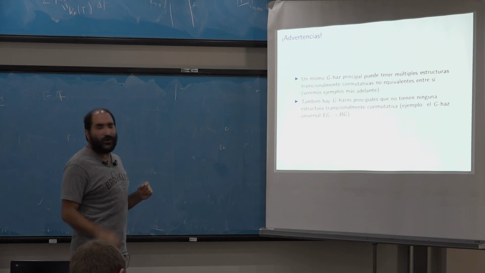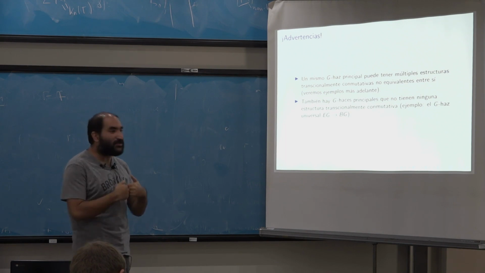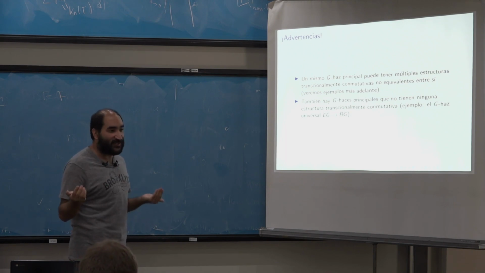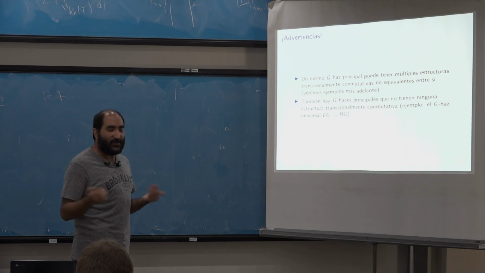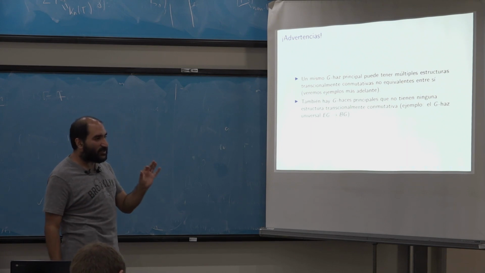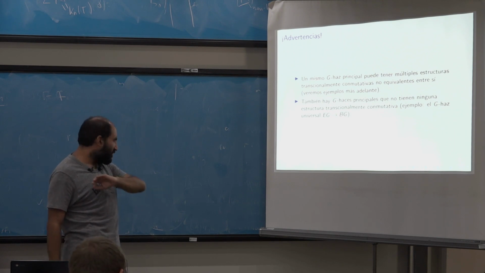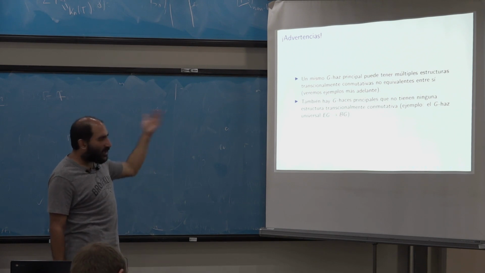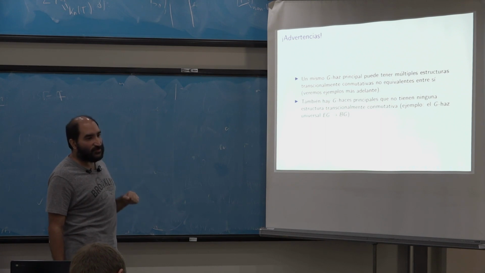And so for the same principal bundle, there might be many different open covers that give non-homotopic maps to BCOM-G. So a single principal G bundle can have 0, 1, or any number of transitionally commutative structures. Liftings to BCOM, yes, that's right.